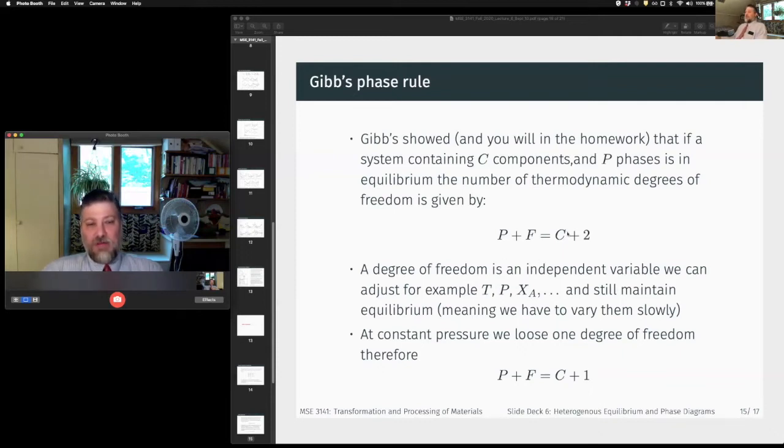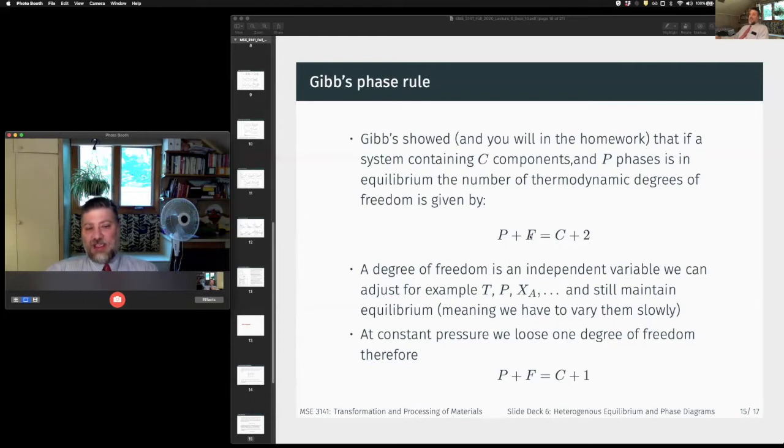If we go back to our water example, with 1 component, and the right-hand side then equals 3, and we say I have 3 phases, ice, water, and water vapor, that tells me that I have 0 degrees of freedom.